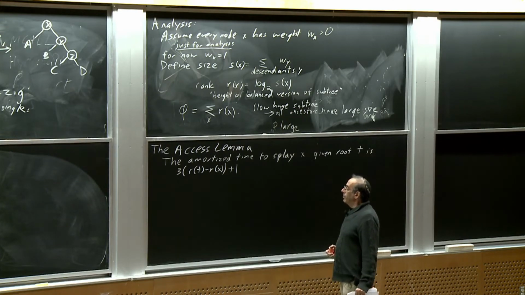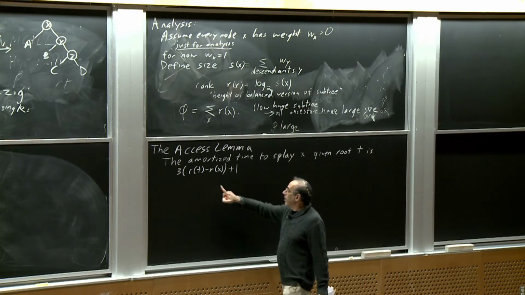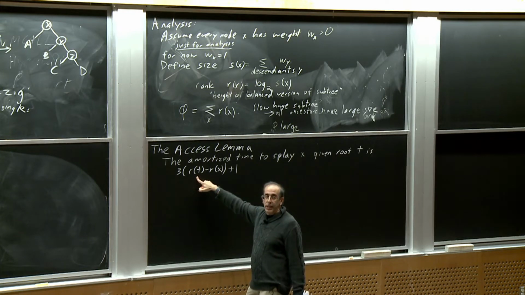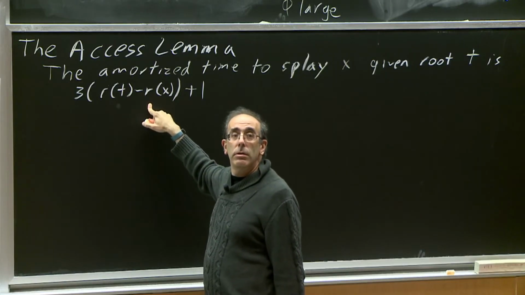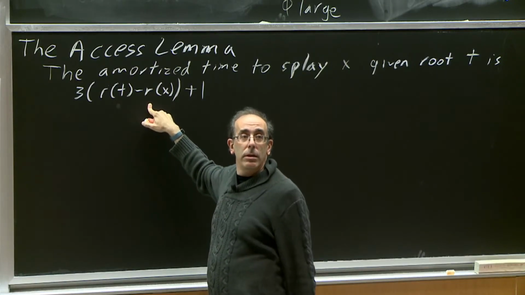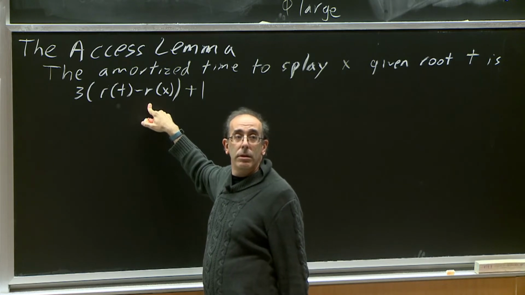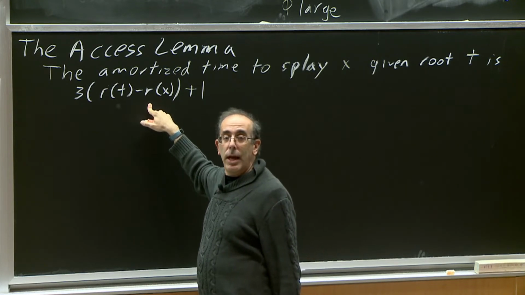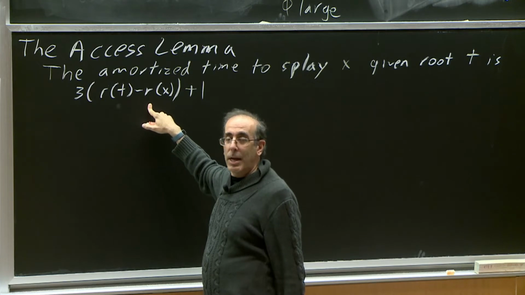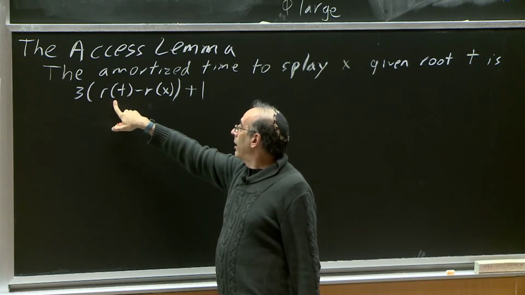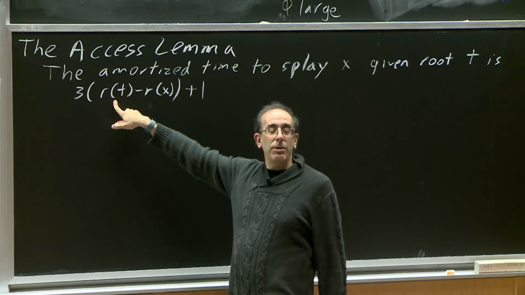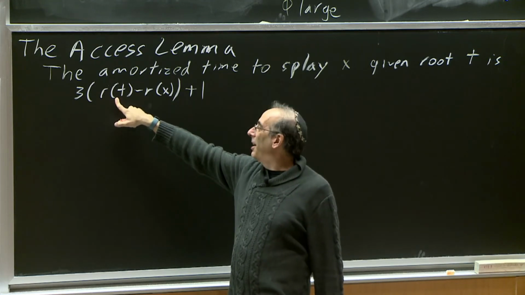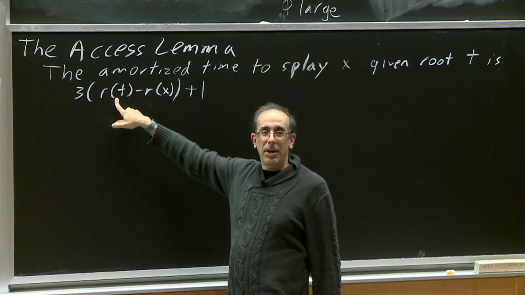Just to understand what this means, remember, what's the rank of t by definition? What's the rank of x? Yeah, optimal size for the subtree. So you've got the whole tree, and you imagine it's optimally shaped, so its depth is going to be about log n.